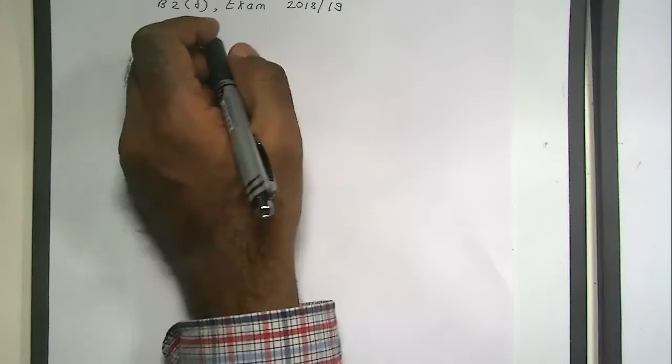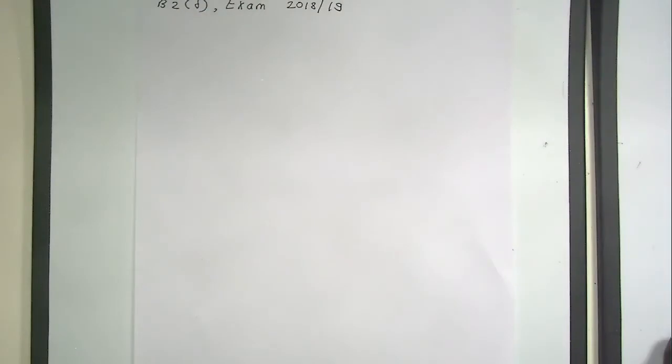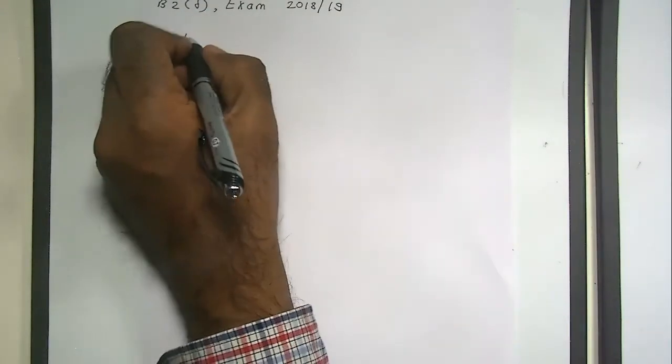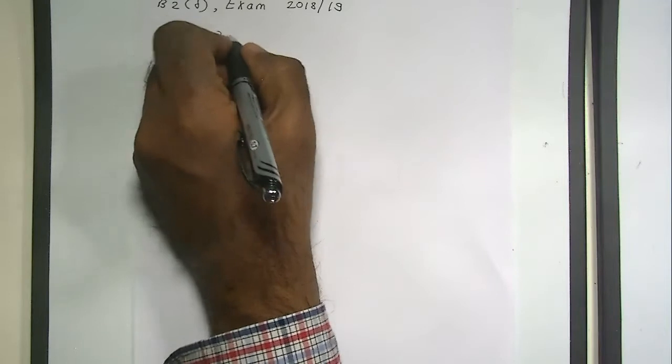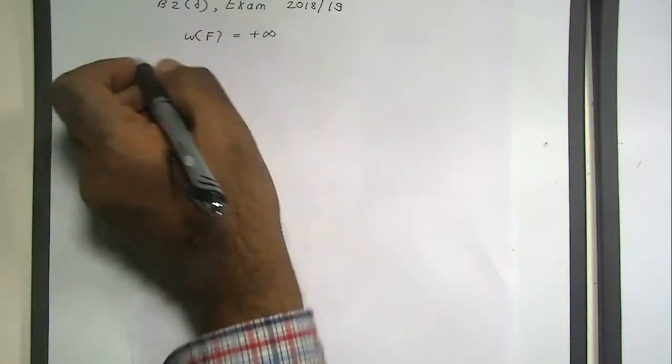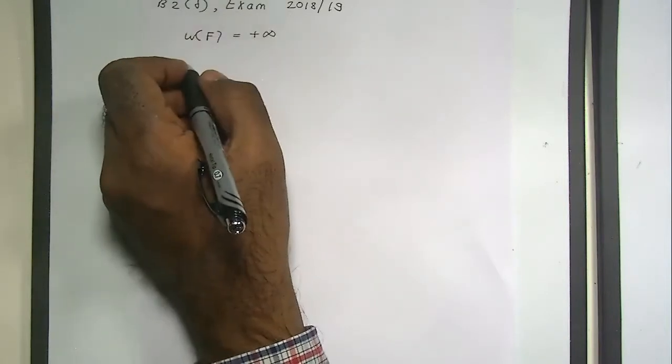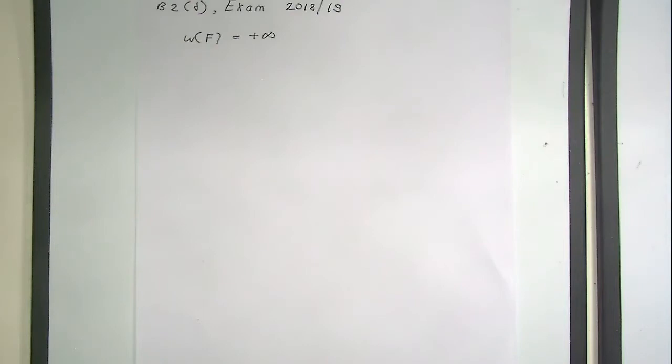Now it's clear that looking at the domain of X, W of F, you can work it out, is equal to infinity. Looking at this, either condition 1 or condition 2 may be satisfied.